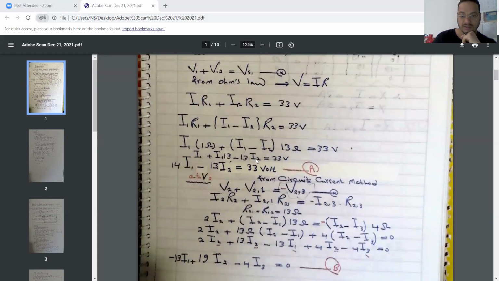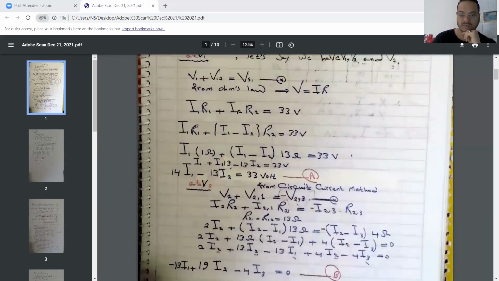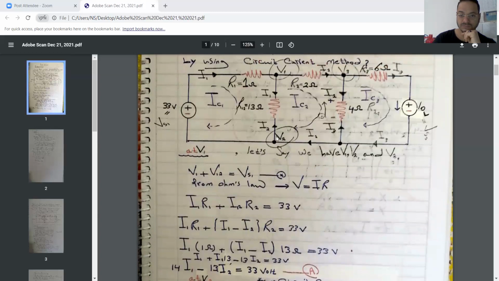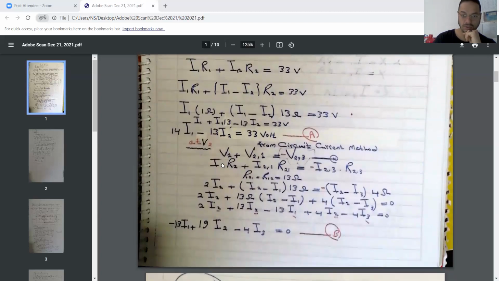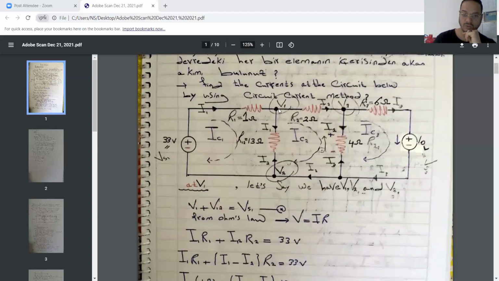And after that, to simplify this equation, this will be equation number 1, or A, 14I1 minus 13I2 equal 33 volts. Now, from V2, this V2 will be V2 plus V21, that means V2 minus V1.